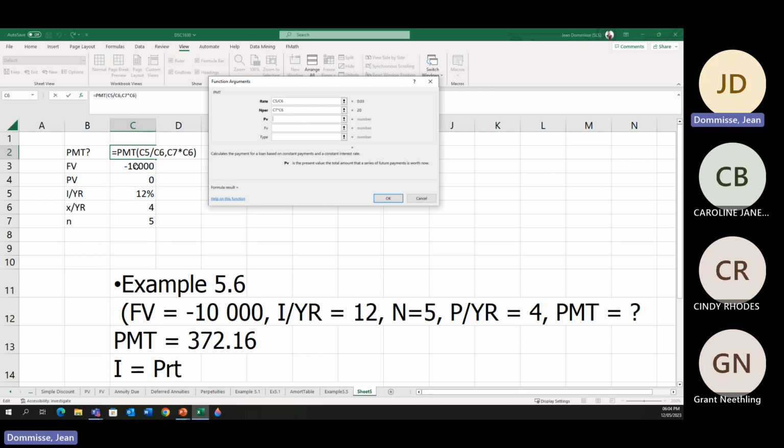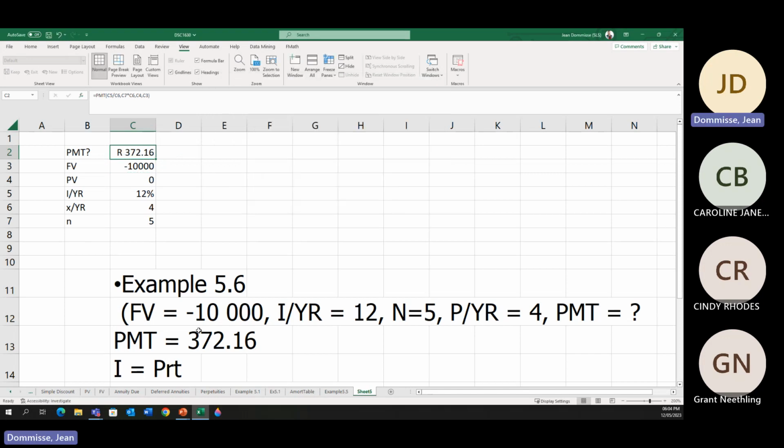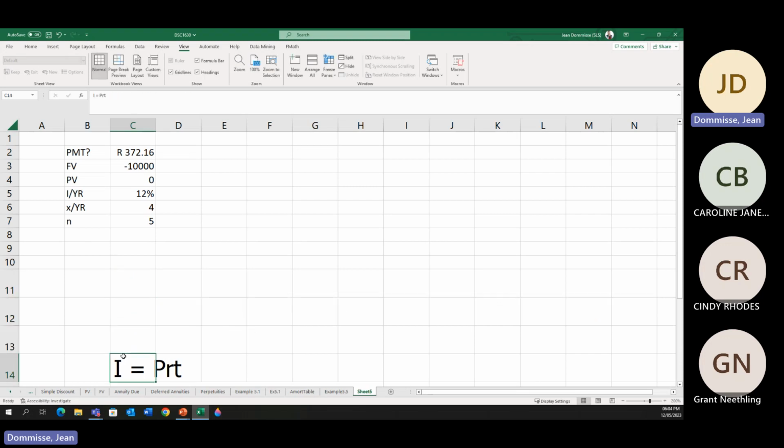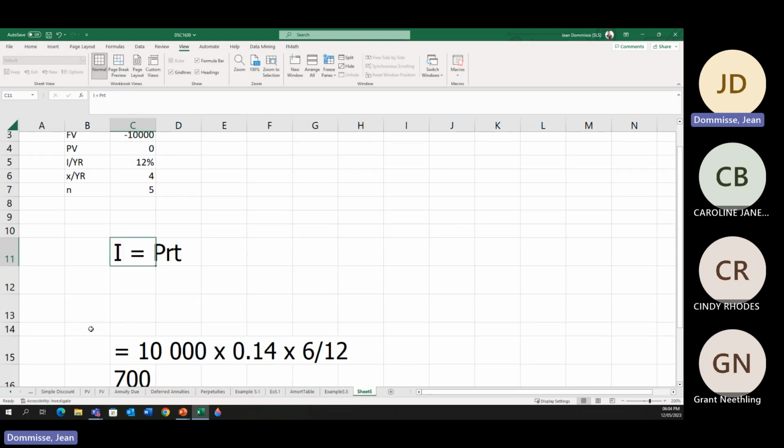Your present value is 0. Future value is that. So your PMT is 372 Rand and 16 cent.